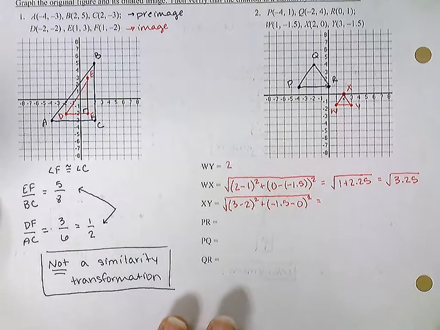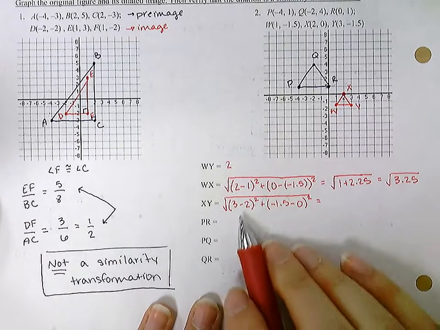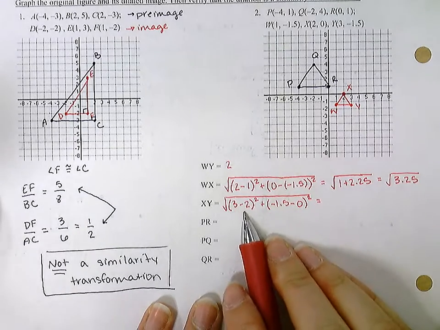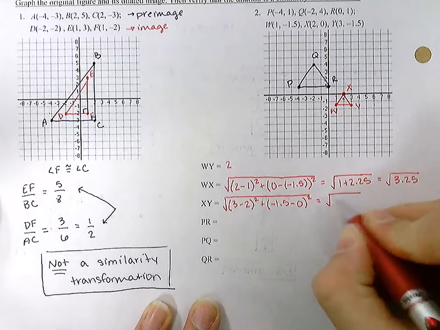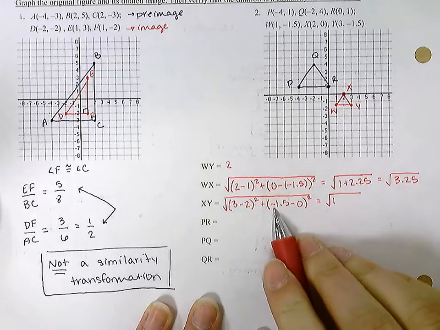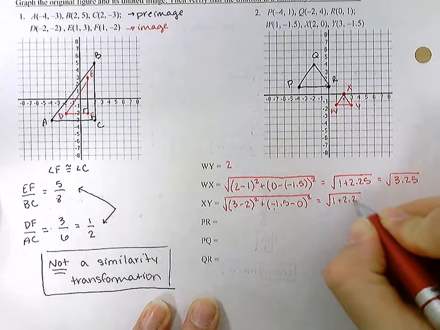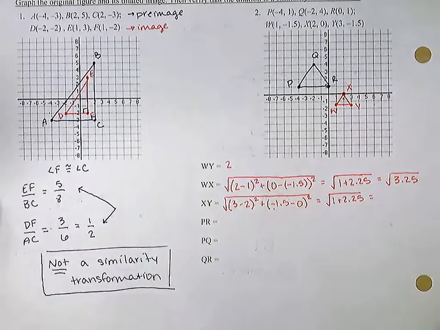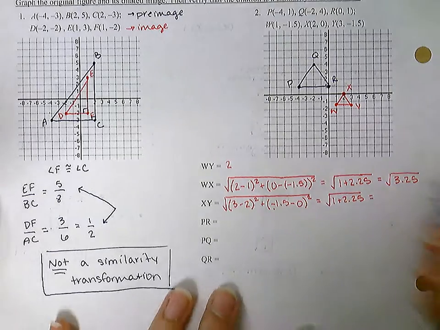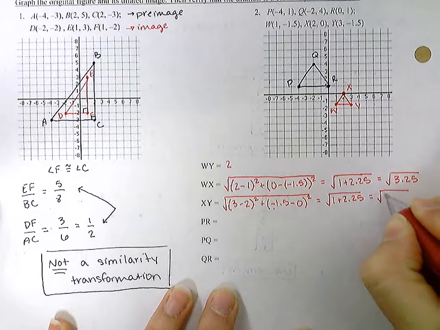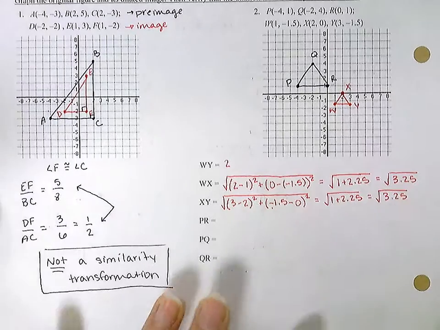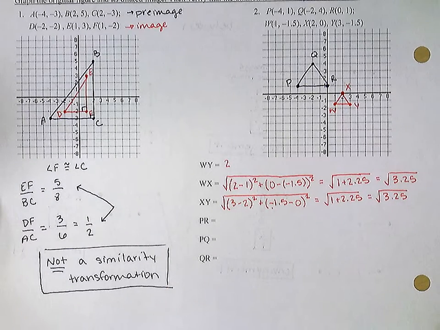That quantity squared. So again, just simplifying, I have 3 minus 2, that is 1. 1 squared is 1. And negative 1.5 squared, that is 2.25. Add those together, I get 3.25. The square root of 3.25. I'm just going to leave them like that. So that was my image.